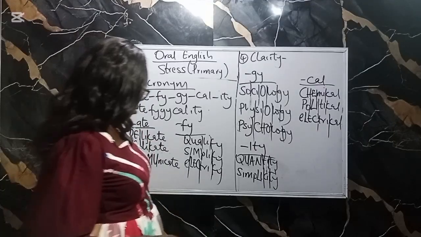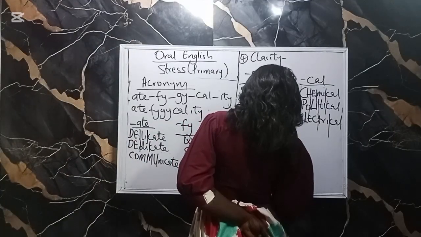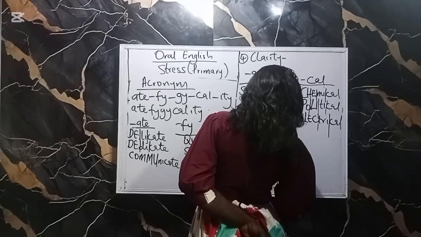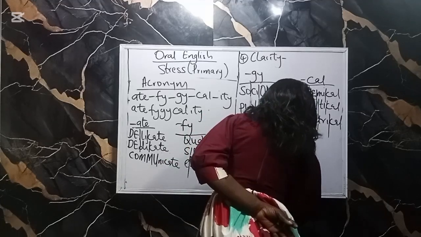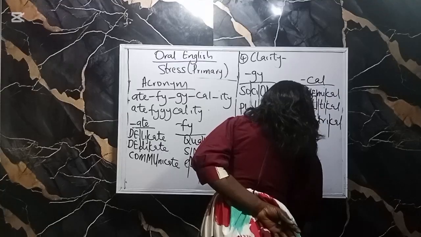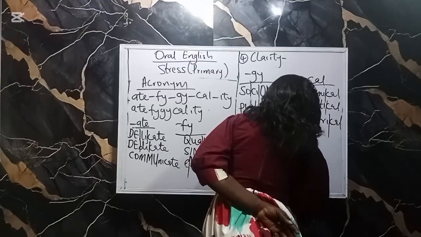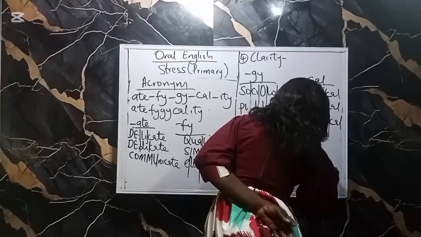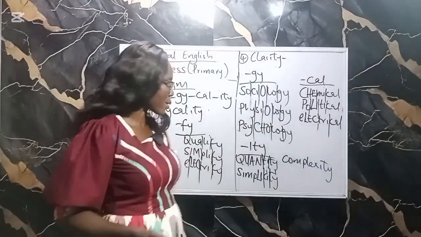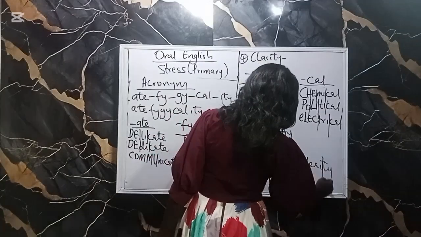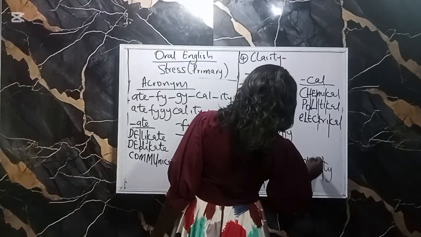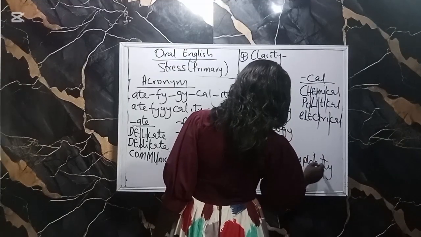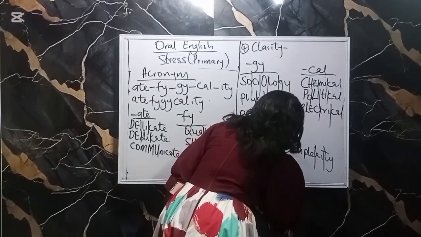Simplicity. And then we can use ethnicity or complexity. Complexity. Okay? Complexity. 1, 2, 3. 1, 2, 3.